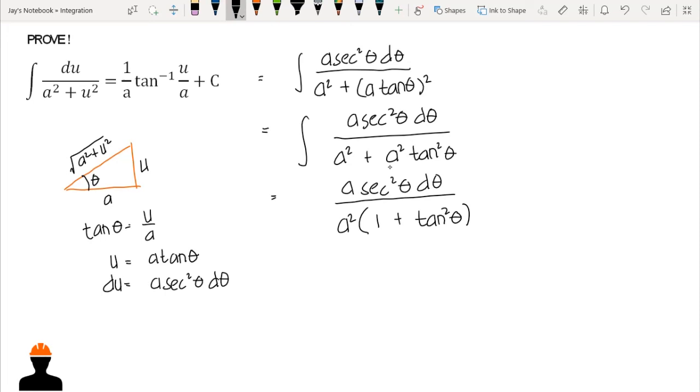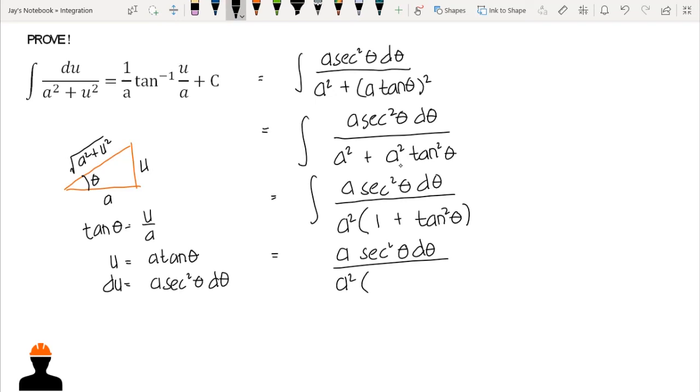Now if you want to check your factor, you can multiply a squared times 1, that would give us a squared. If we multiply a squared times tangent squared theta, it will give you a squared tangent squared theta, correct? So therefore in this case we can say that it is a secant squared theta d theta over a squared, don't forget the integral sign.